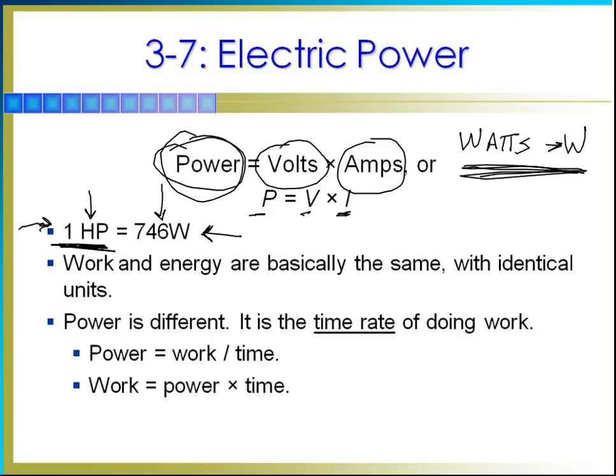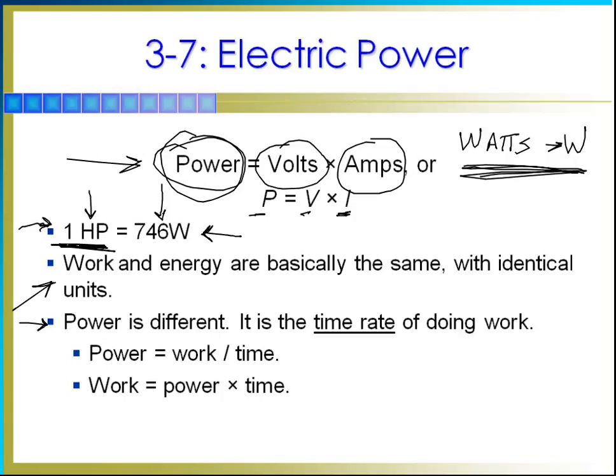Now, that goes to the work and energy aspect of it. So in electronics, voltage times current. Overall, power is the time rate of doing work.